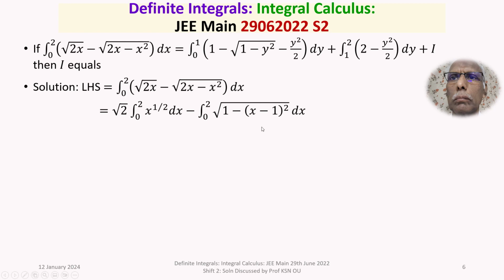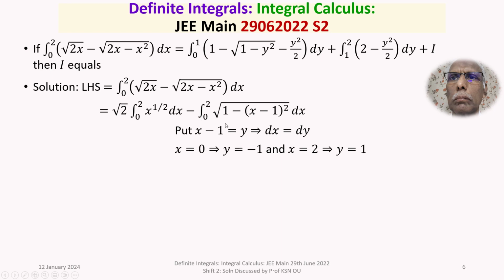Now, for the evaluation of this one, we put x minus 1 equal to y. Differentiating, dx is equal to dy. Since this is a definite integral, what happens to the limits? When x is equal to 0, y will be minus 1. When x is 2, y is 1.